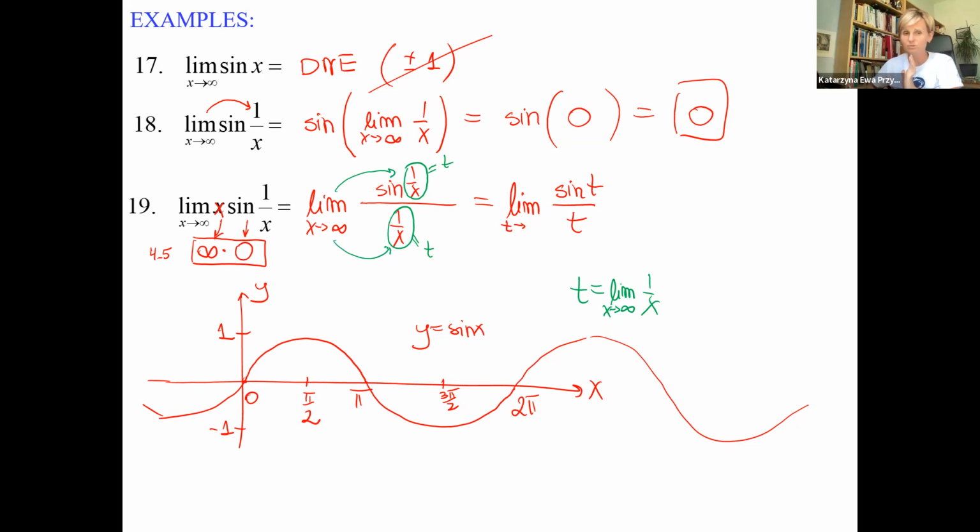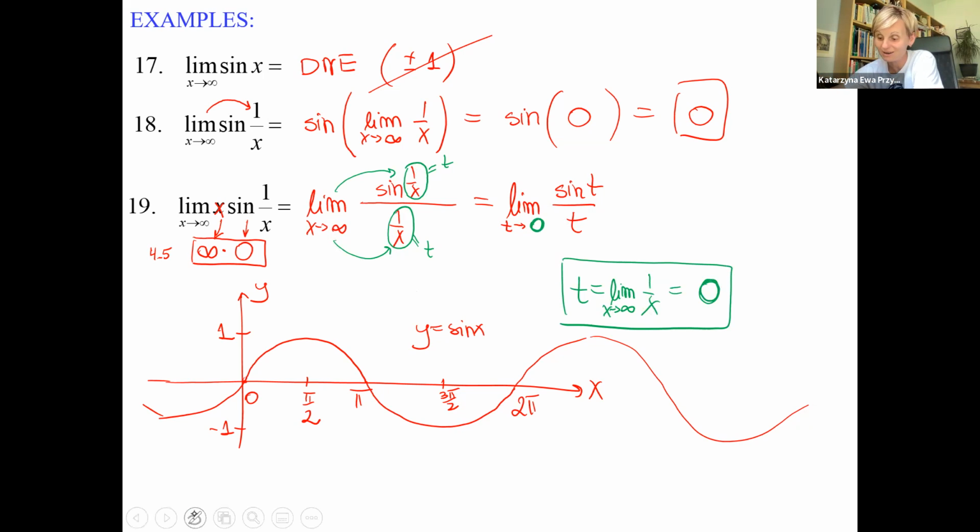My t value is the function 1 over x, of course, and we have to respect the limit: how the function 1 over x behaves at infinity. 1 over a big number is a small number. So actually, t is approaching 0. Because 1 over x, 1 over big, is 0.